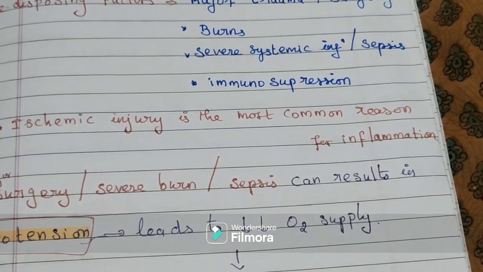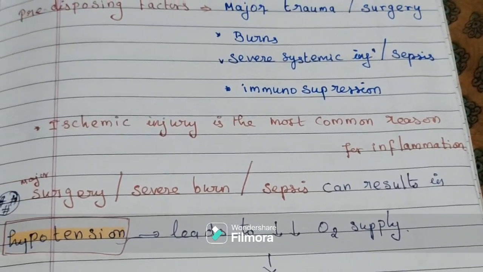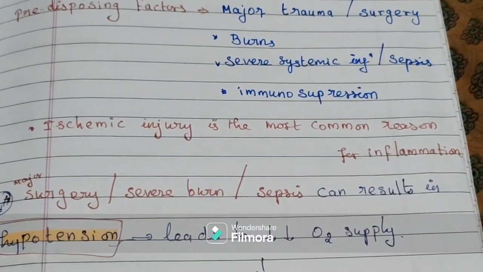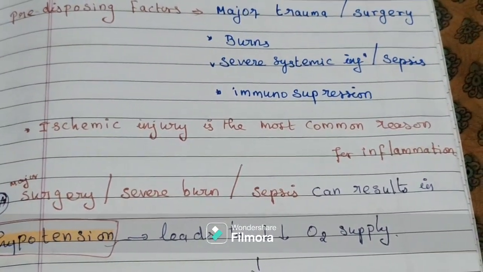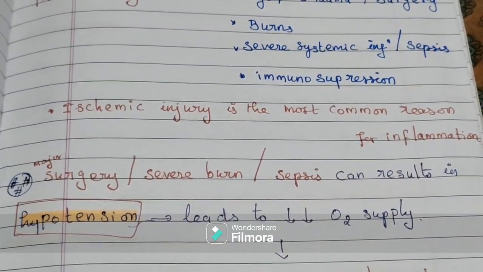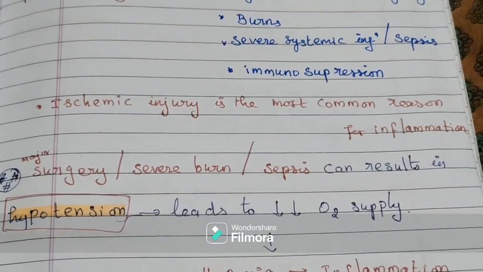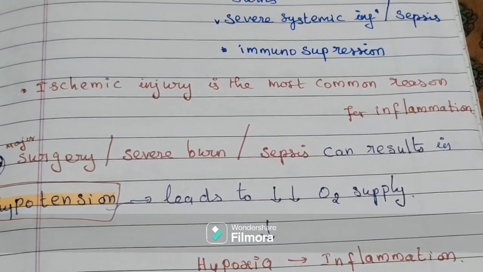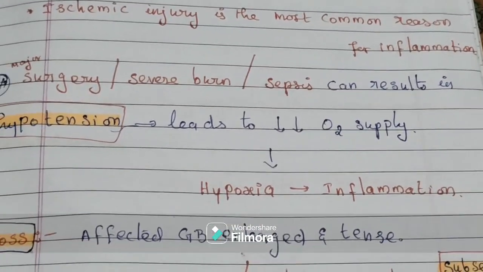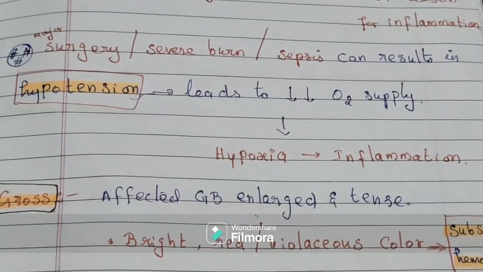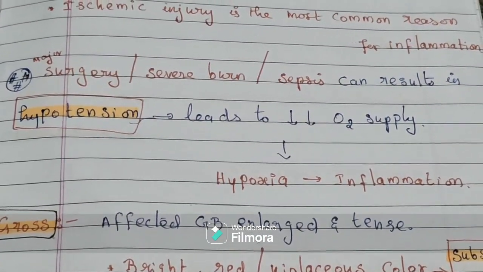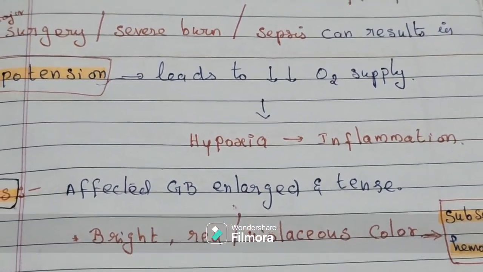All these can result in hypotension, and that hypotension leads to reduced blood flow and oxygen supply to the gallbladder, thereby hypoxia, which then results in inflammation.